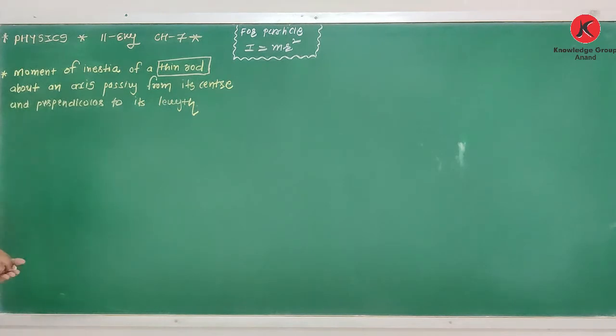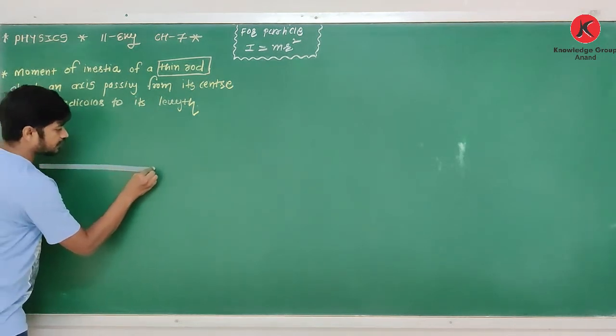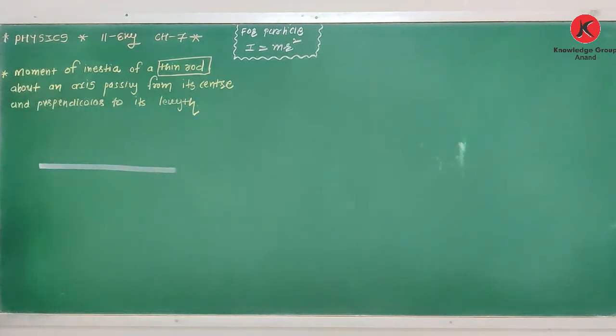First of all, we will assume one thin rod like this. Let its total length be L and its total mass be M, having uniform density.